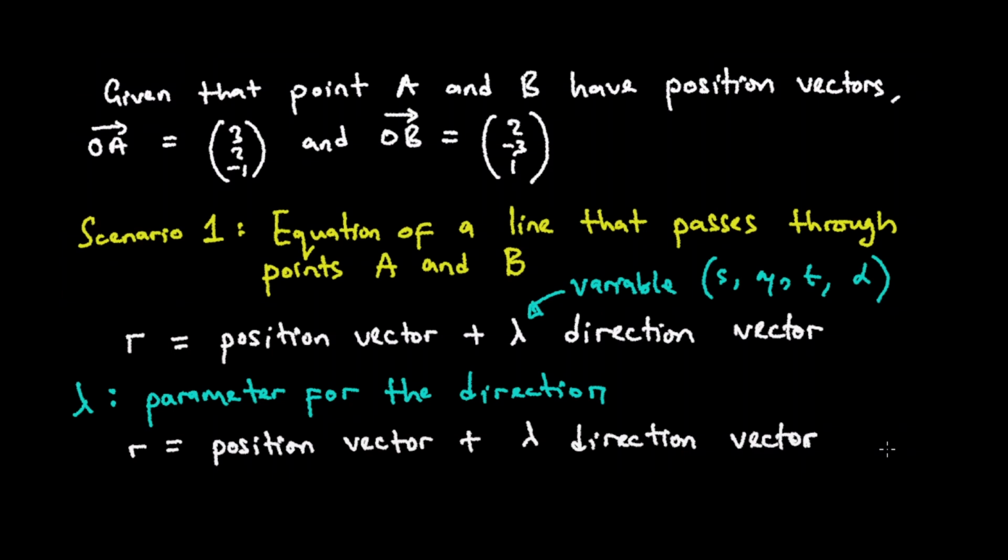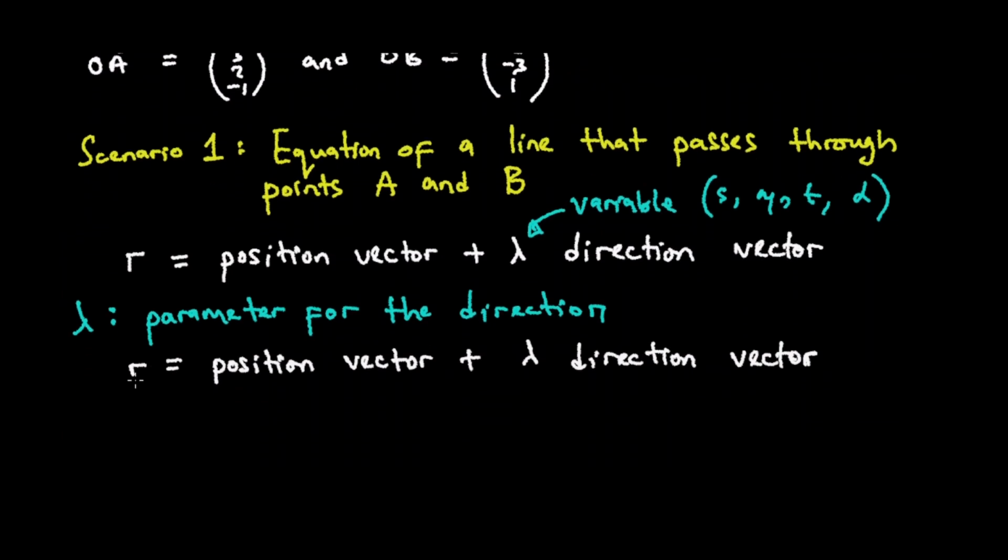A position vector is a vector that describes any point that the line passes through. Reading our question, this line passes through the points A and B. So our line passes through A, and also passes through B. That means we are going to take the position vector of A because our line is passing through that point. So for our position vector, r is equal to OA, plus lambda.